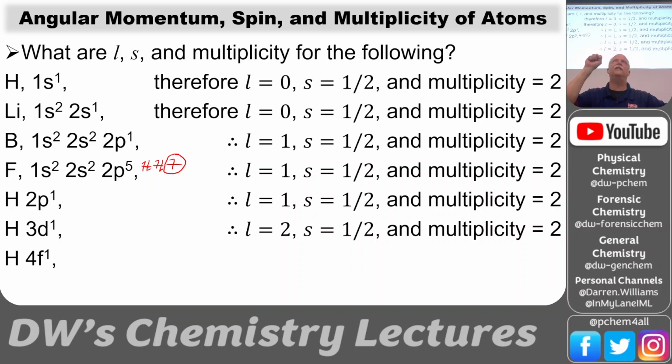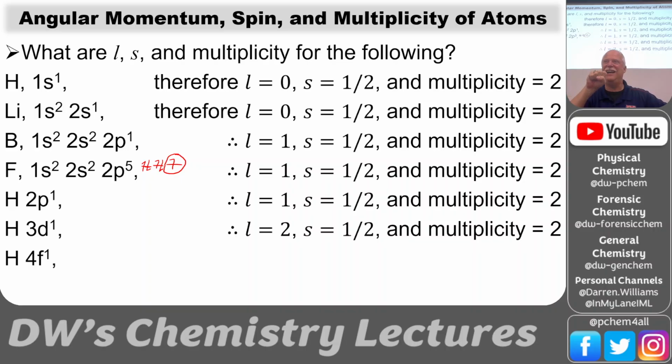Let's see, this is how I do it. I start out with a 0, which is an s orbital, like my fist, it looks like an s orbital, right? So s is 0. How many fingers do I have? 0. So I do s, p, d, f. L equals 3. So I don't want to see you on the exam saying, yeah, 2. Even as a PhD chemist, I still do this just to make sure I don't screw that up. So I start with s, that's L equals 0, no fingers.